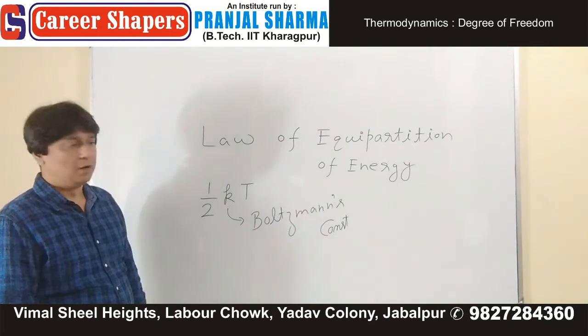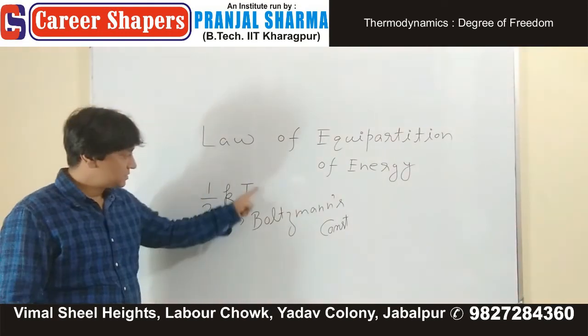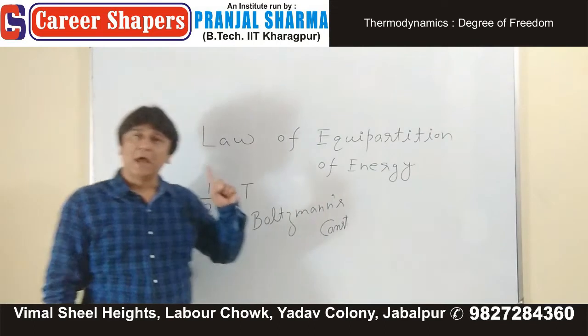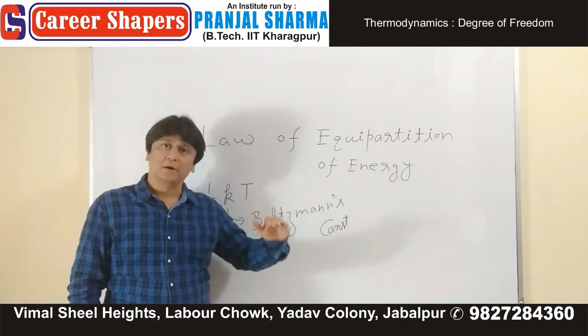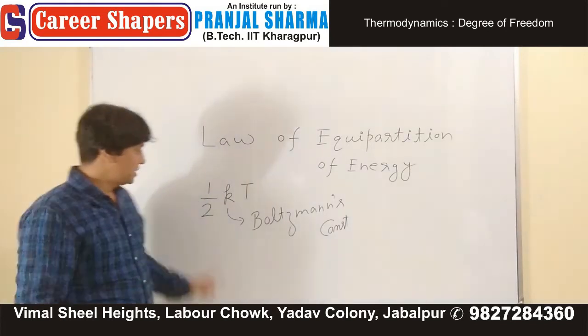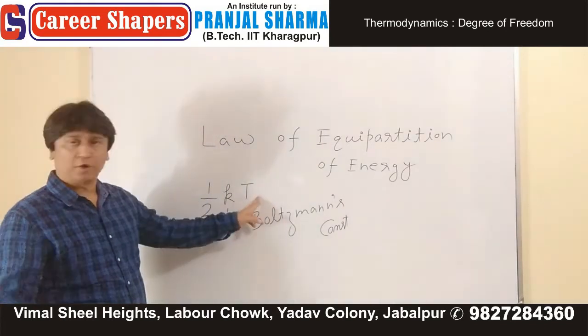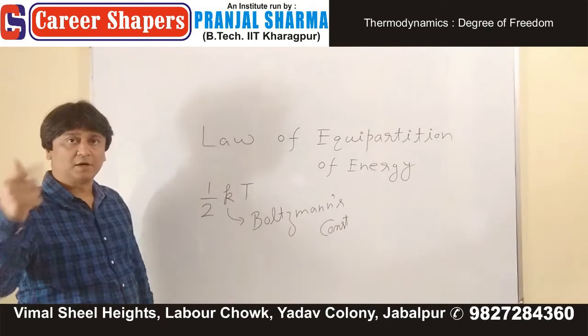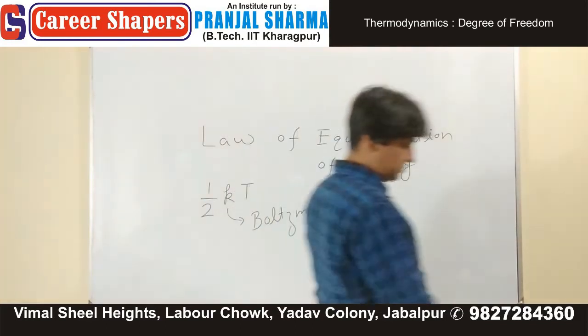Now, what is this? Energy per degree of freedom. You can write like this also. What is half kT? In front of half kT you can write that energy per degree of freedom.